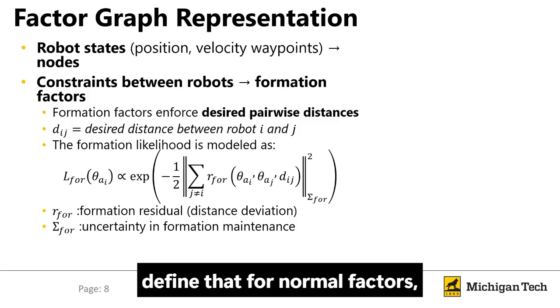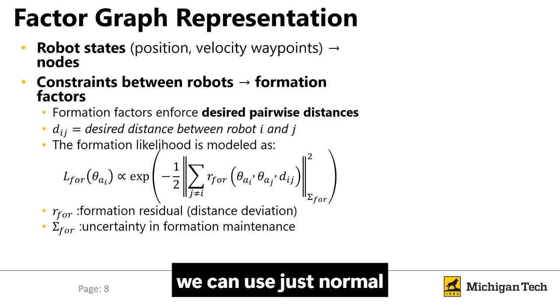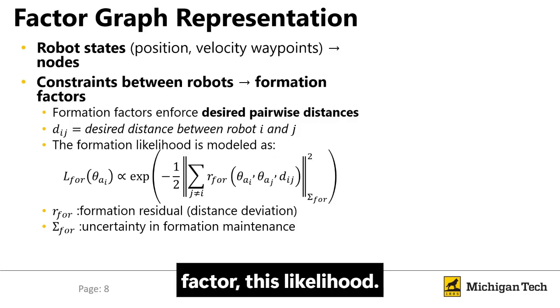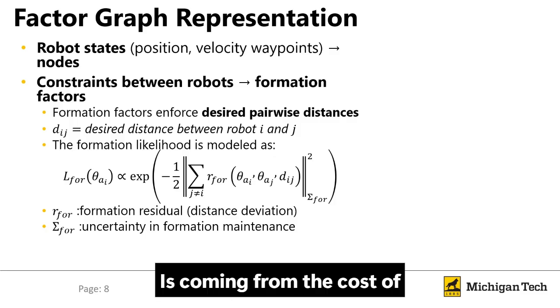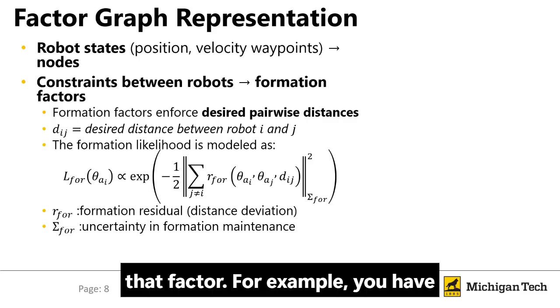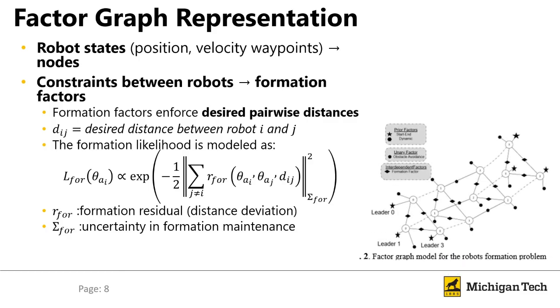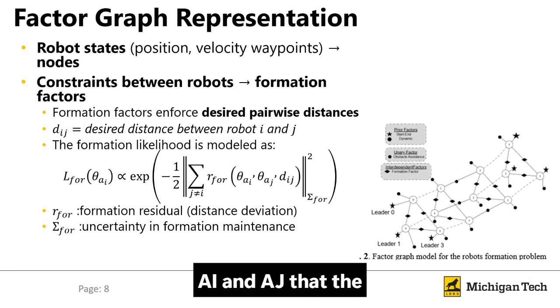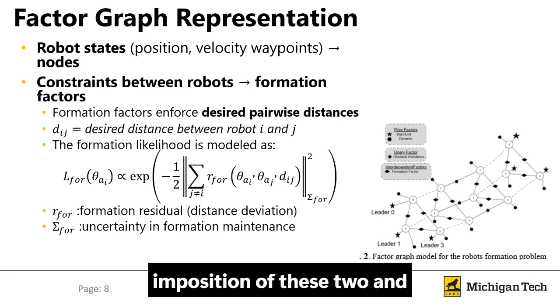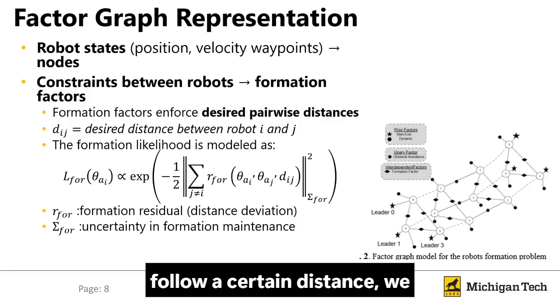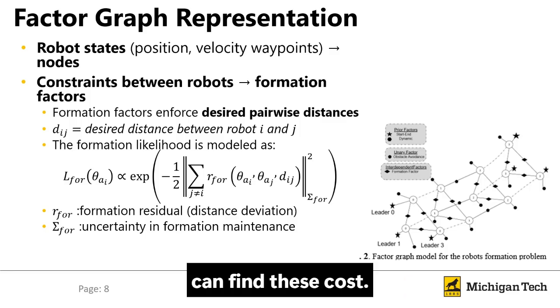So how can we mathematically define that? For normal factors, we can use just normal factors. For each factor, we have a likelihood of that factor. This likelihood comes from the cost of that factor. For example, we have the cost of a factor corresponding to agents A_i and A_j, the positions of these two, and if they are supposed to keep a certain distance, we can find this cost.